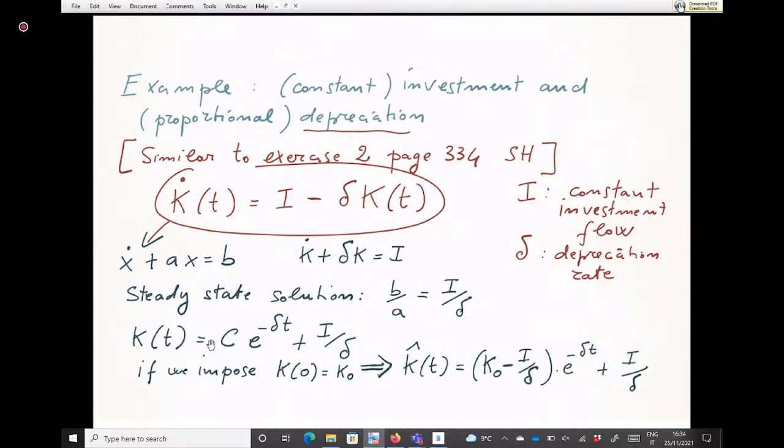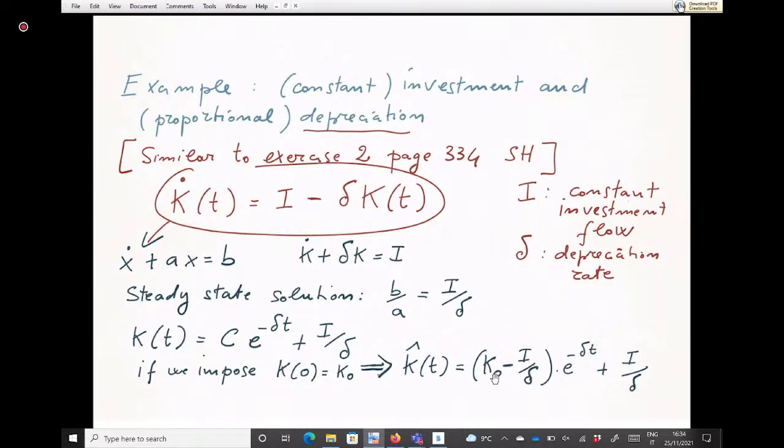The general solution is C exponential of minus delta t plus the steady state, capital I divided by delta. If we impose an initial level of the capital stock, k at time 0 is C plus I over delta, which must be equal to k0, okay? So C is equal to k0 minus I over delta.